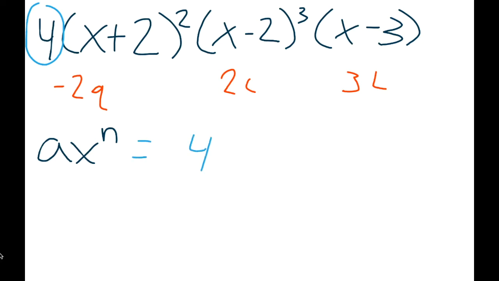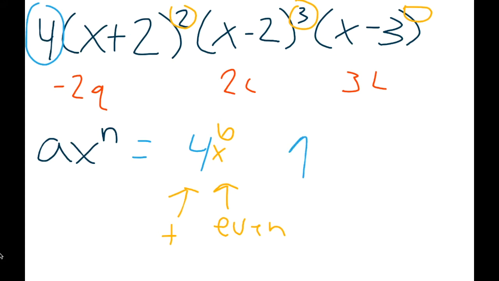And from here, we just add our exponents, which would be 2, 3, and 1, giving us 6. 4x to the 6th. Since our coefficient is positive and our exponent is even, the directions of our arrows both go the same way. And since it's positive, they both go up.